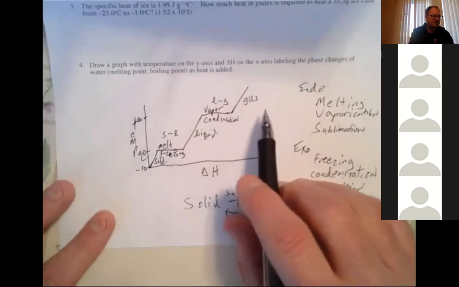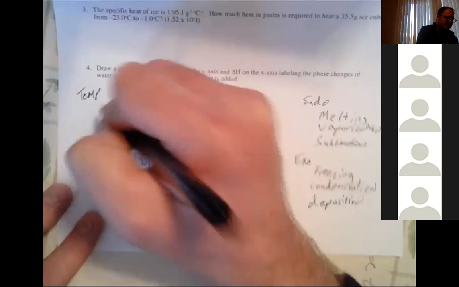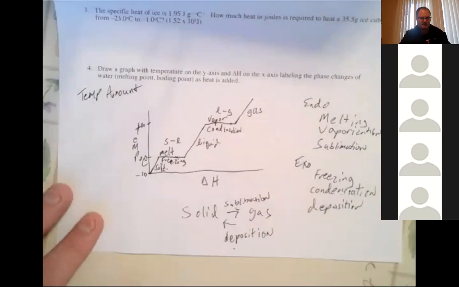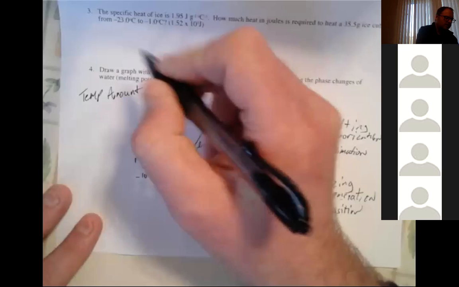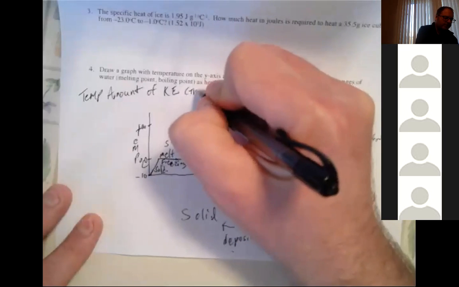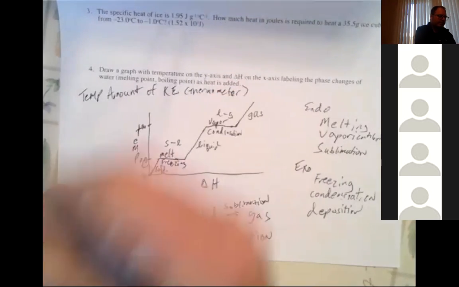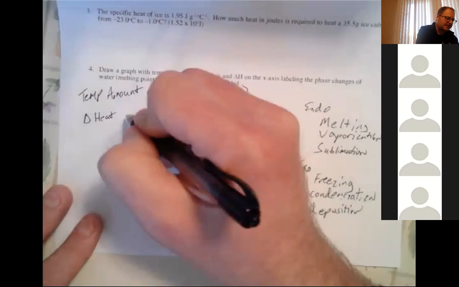And keep in mind that temperature is the amount of kinetic energy versus heat is the transfer of energy. Temperature is measured with a thermometer. Change in heat is measured with a calorimeter.